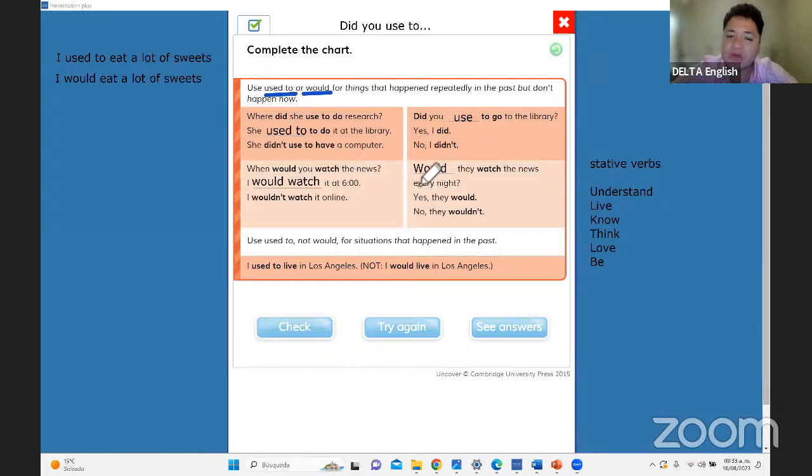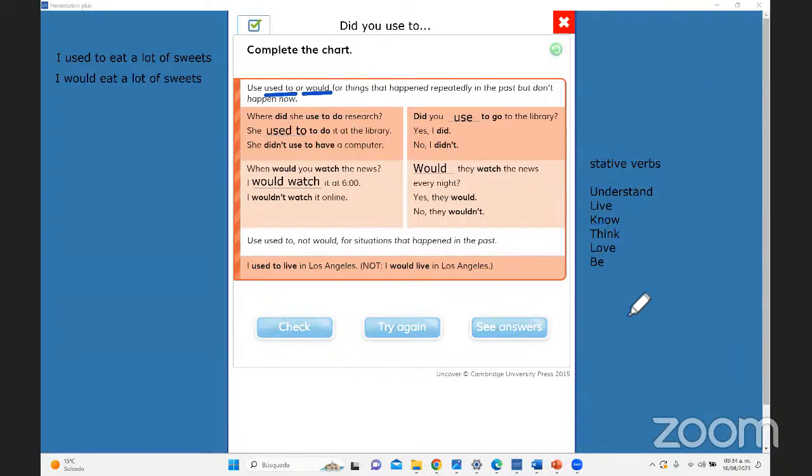So that's why we use would, to substitute used to when used to is too repetitive in a story. If you're writing a story and this story always has used to, you get bored, so you use would to interchange. But you know that would has this restriction.